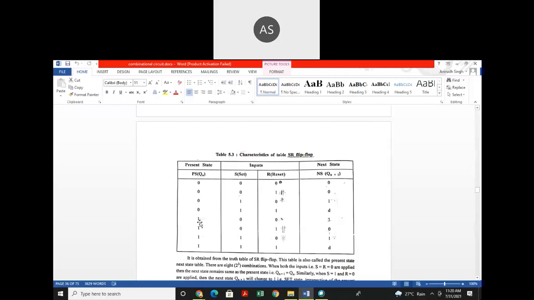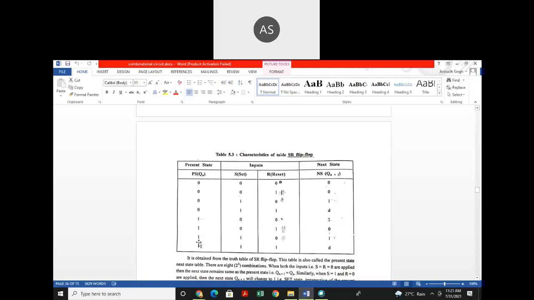Similarly, when present state is 1, if S and R both are 0, there is no change in state. Next state will be 1. If present state is 1, S is 0, R is 1, it means reset state, means Q is always in low state. So next state will be 0.